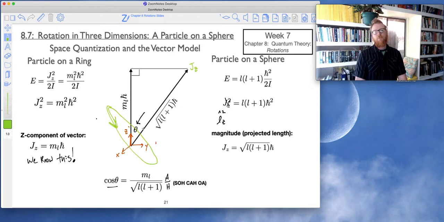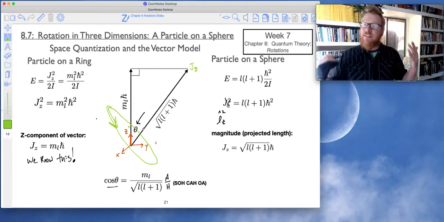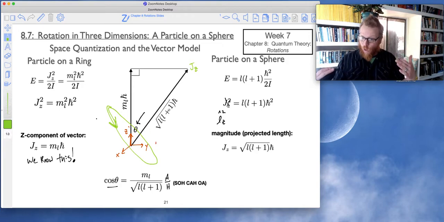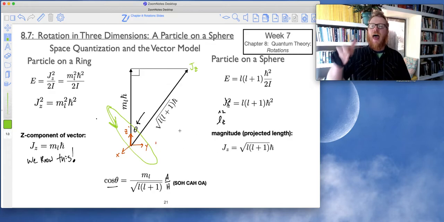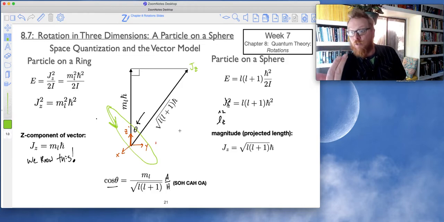Okay? Very cool. And so now what we see is by having different values of ml, we have different z lengths. And if the Jz value is fixed because they're all degenerate for a given value of L, that then predicts as the ml value is changed, we get different angles of rotation.